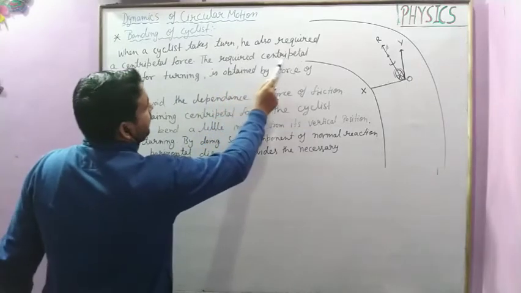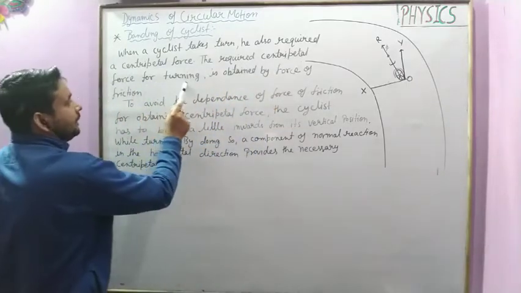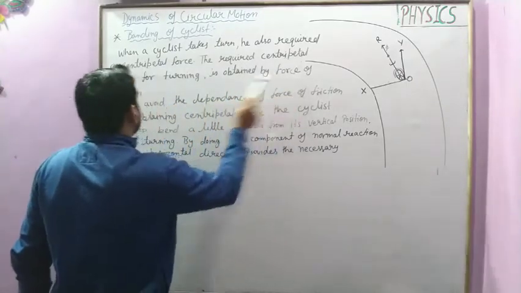The required centripetal force for turning is obtained from the force of friction.